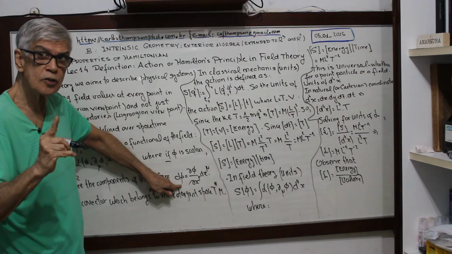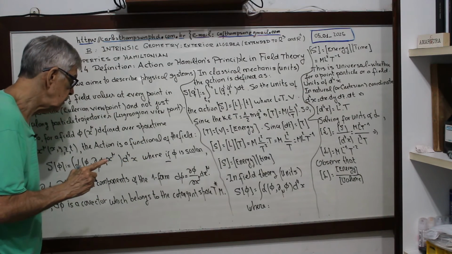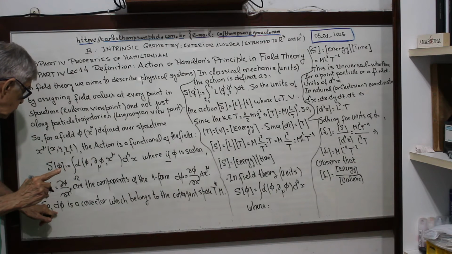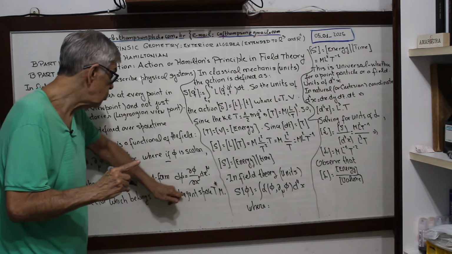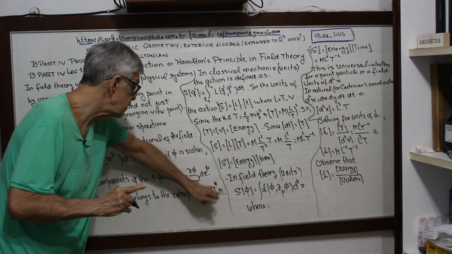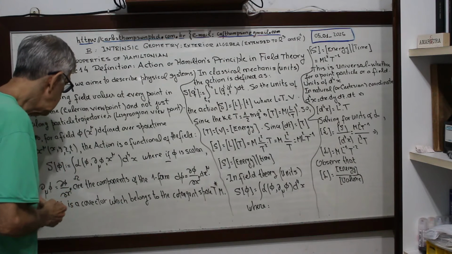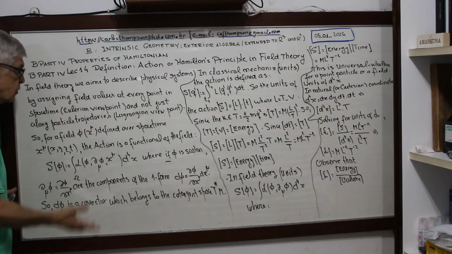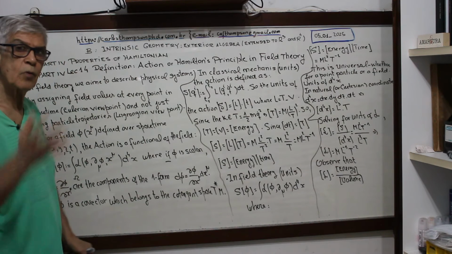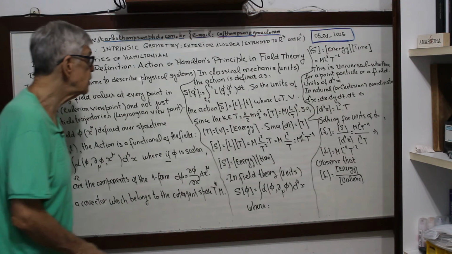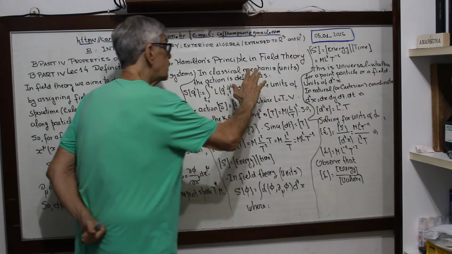This belongs to the cotangent space. So the gradient of phi is a covector which belongs to the cotangent space T asterisk M. That's to reinforce concepts we already derived in previous videos. We already did this in classical mechanics.